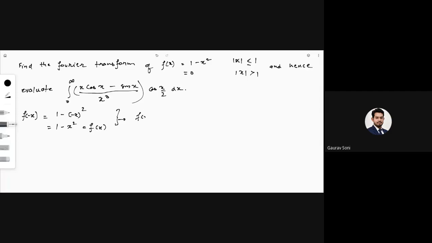So f of x is an even function, so find the Fourier cosine transform.